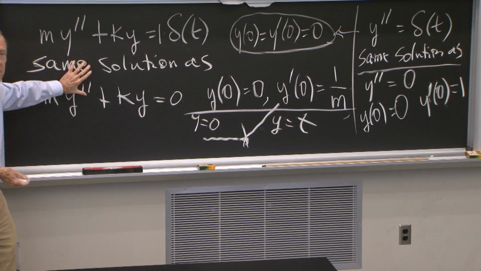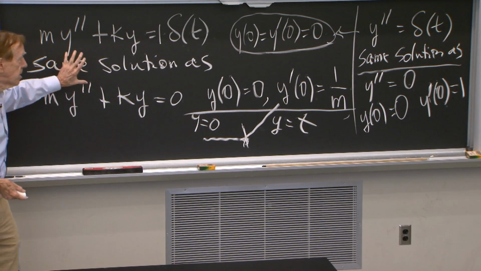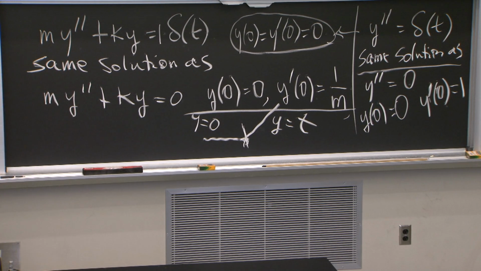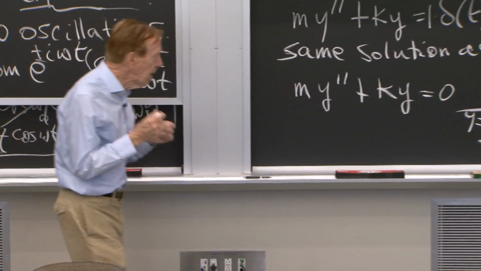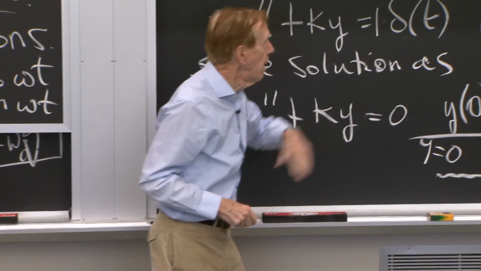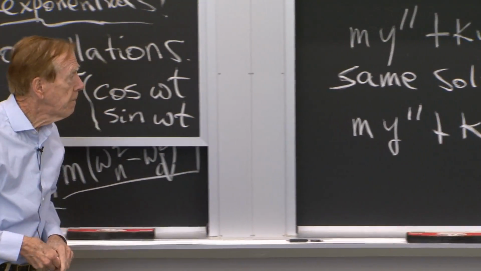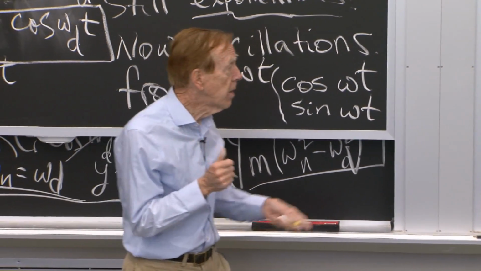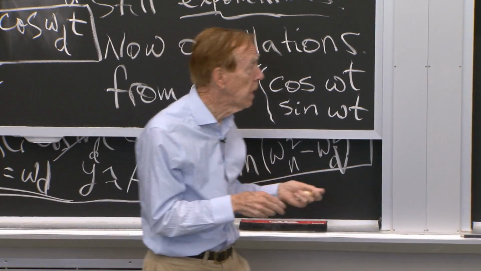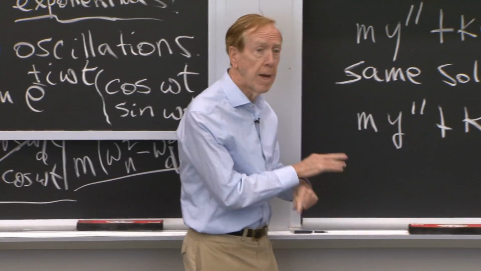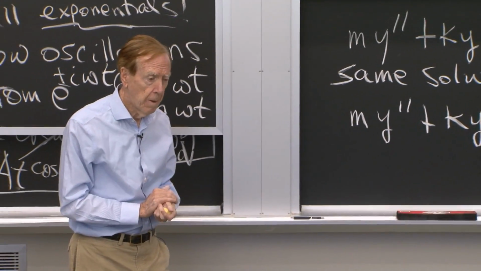And now to end the lecture, let me just say, why do I like this forcing term? Mathematically, I like it because if I can solve that one, as we're doing, I can solve all forces.